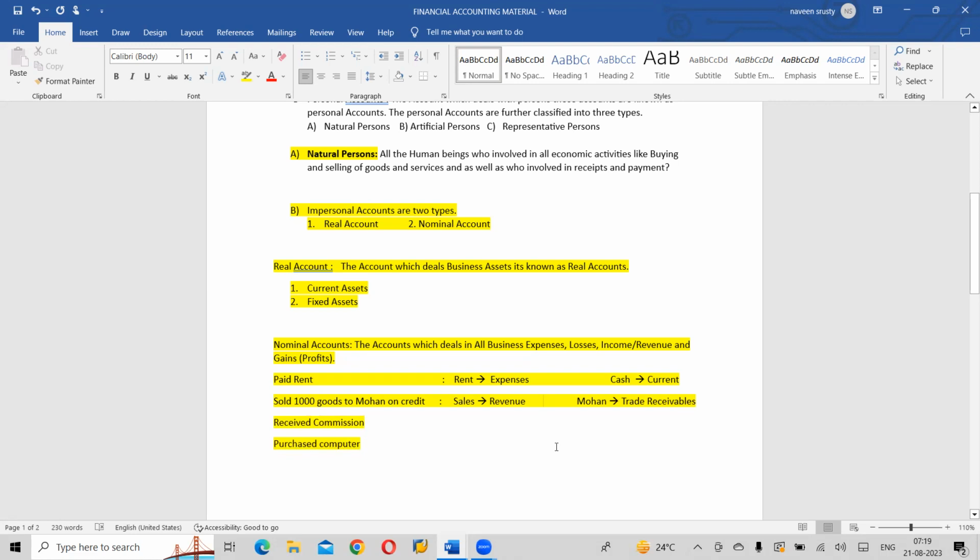So we don't have a debtor and creditor concept now. We have accounts payables and accounts receivables. Accounts payables is nothing but trade payables. Accounts receivable is nothing but trade receivables. Mohan will become a debtor to us, a trade receivable.